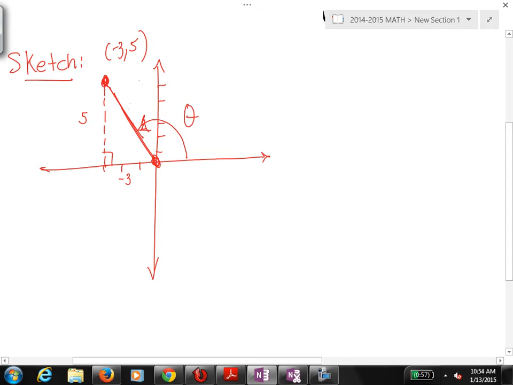Now, just based on this geometry, this is going to be my r. How can I calculate r? Yeah, Pythagorean theorem. Also you might want to look at the fact that r is always positive. Again, when we get to polar coordinates, a negative is going to mean direction.